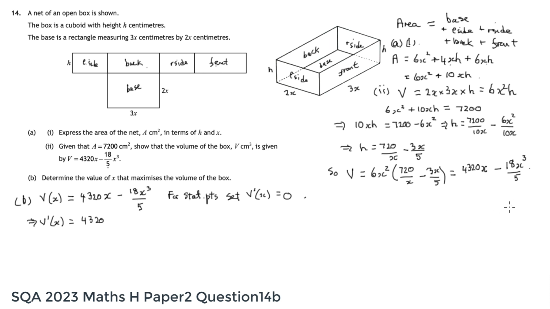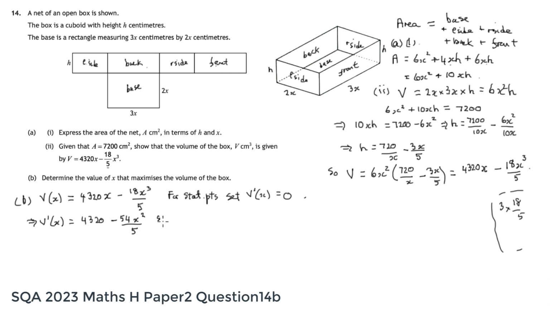So 18 over 5 gets multiplied by 3. And there's no cancelling. We have 3 times 18, which is 54 x squared over 5. So that's the expression for the gradient.